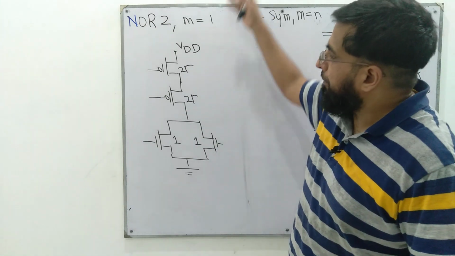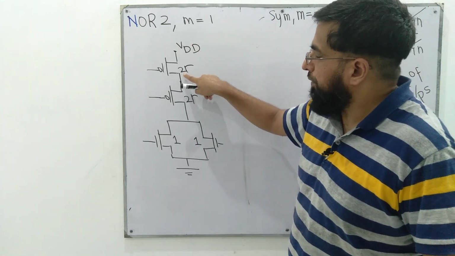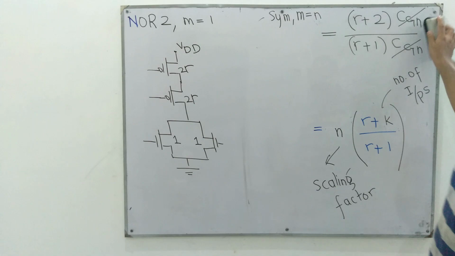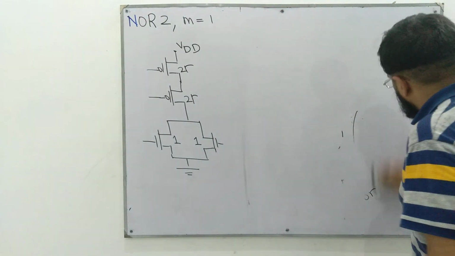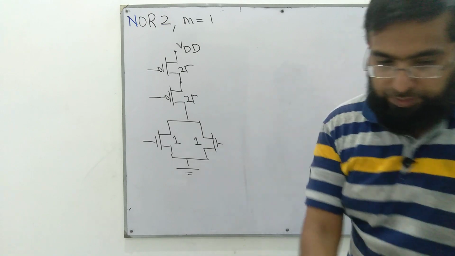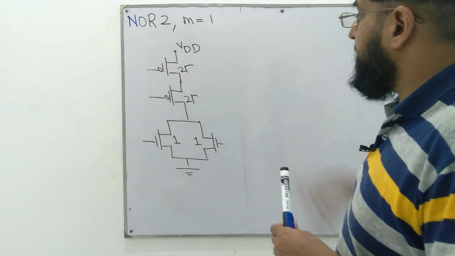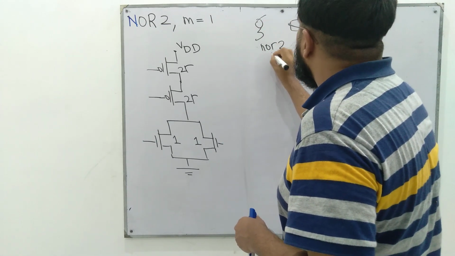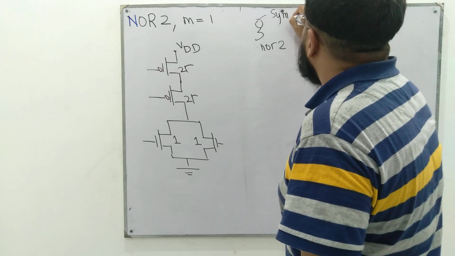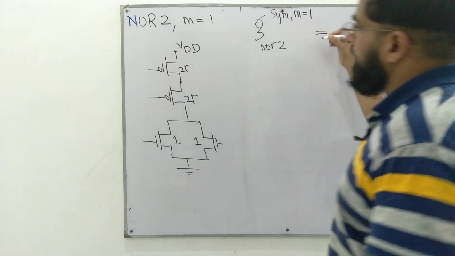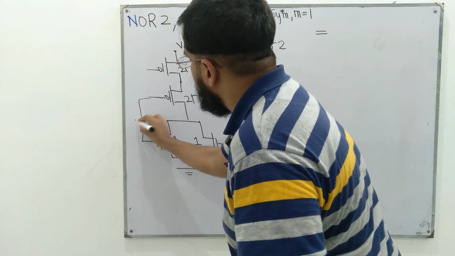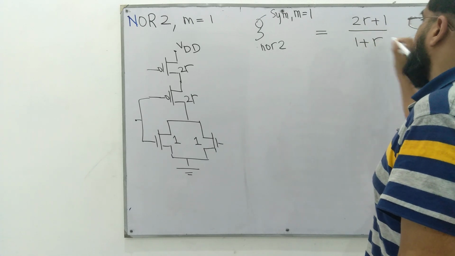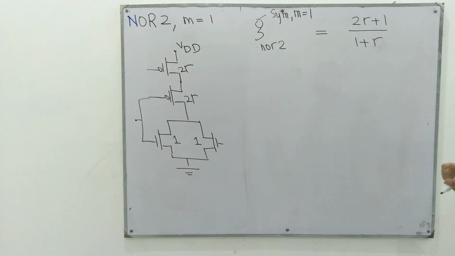If we increase that to K, every one of these transistors would have an aspect ratio K times R. So for this, we will write G of NOR 2, which is symmetric with M equal to 1, for any of the inputs, maybe for this input, 2R plus 1 over the standard 1 plus R, the reference capacitance.